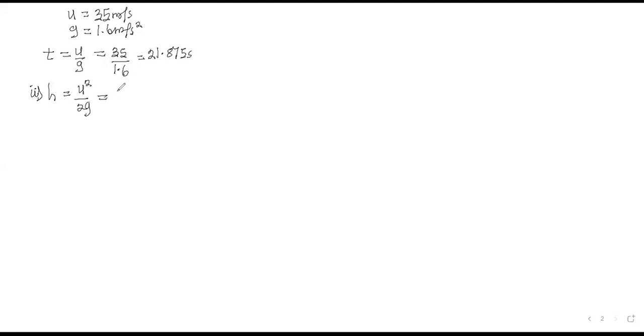So 35 squared divided by 2 times 1.6. And this is equal to, yes, 382.81. Again, 382.81.